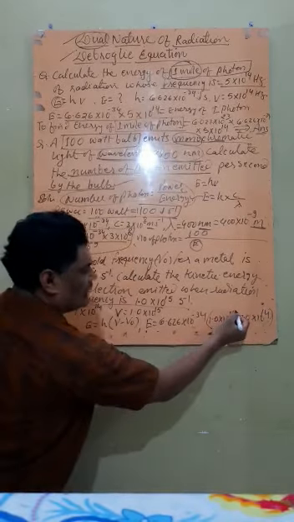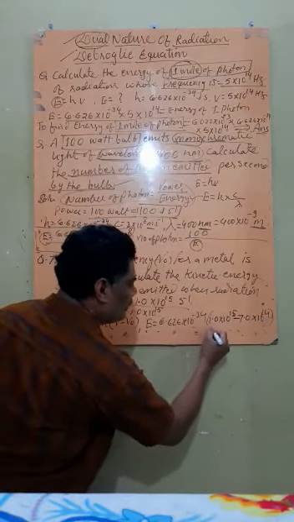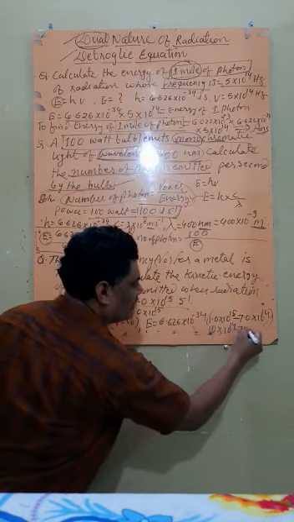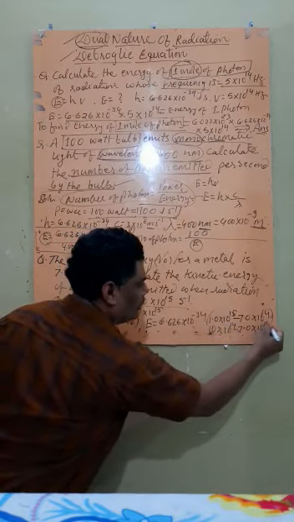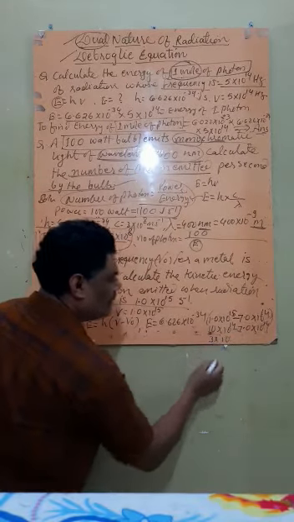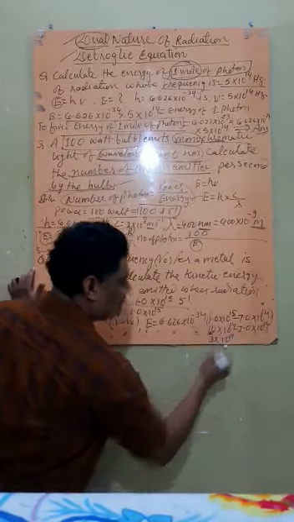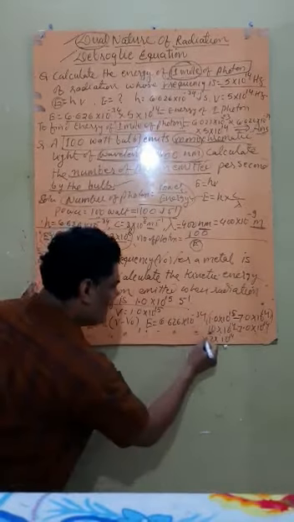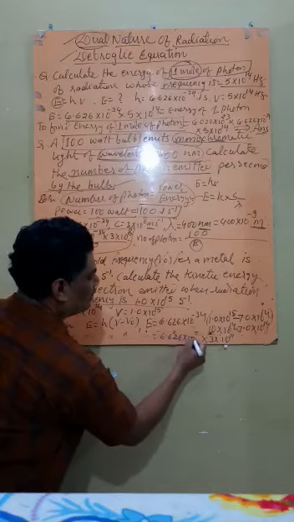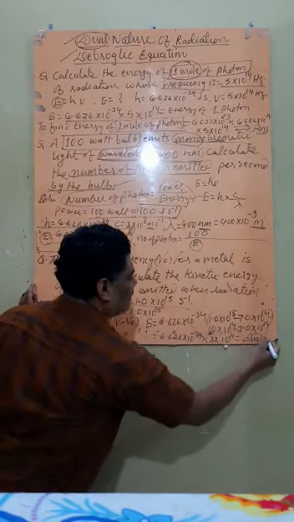But here the exponents are different: here it is 15 and here it is 14. So we can convert it into a whole number, 10 into 10 to the power 14 minus 7.0 into 10 to the power 14. Now 10 minus 7 is equal to 3 into 10 to the power 14. The powers are the same, therefore it remains the same according to scientific notation. Now simply multiply it by 6.626 into 10 to the power minus 34. You will get the answer. Okay, go solve it.